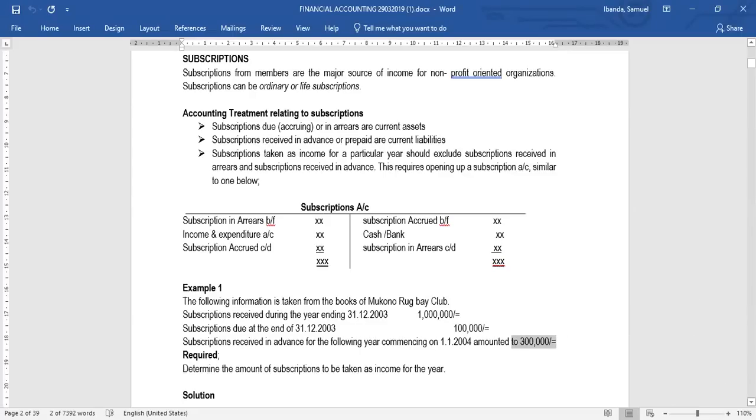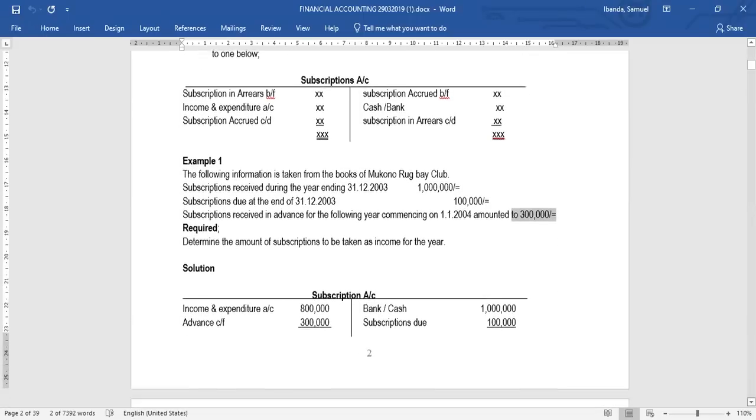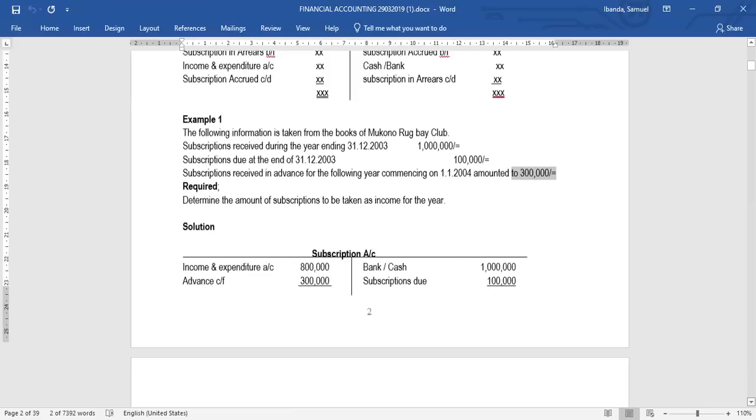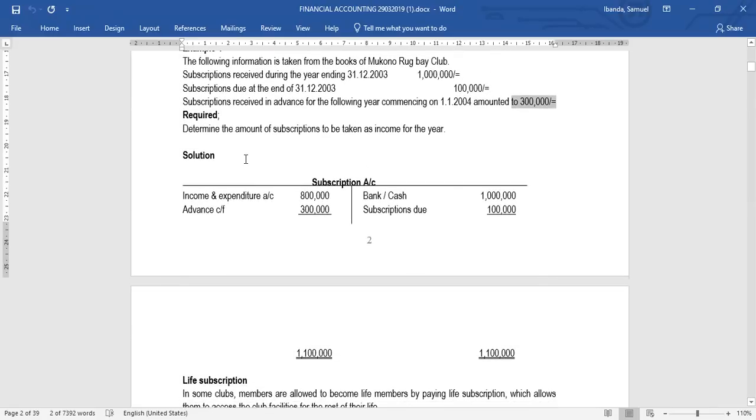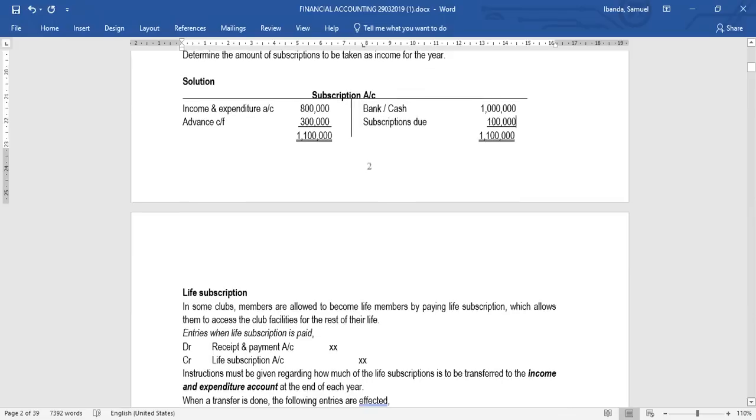When you try out more questions, these things will become easier. So this is how the account would look, and that's how the solution looks. We had already done this within the notes for you. So I hope that helps you.